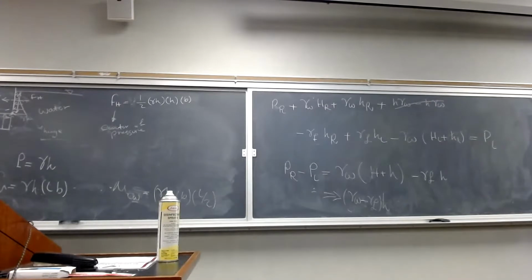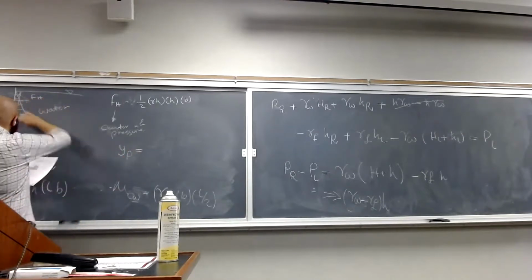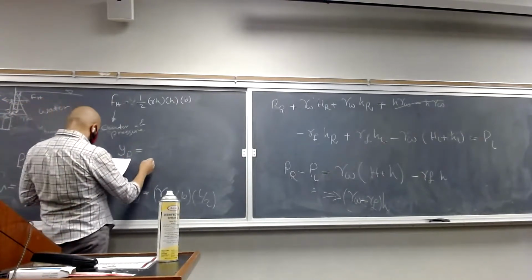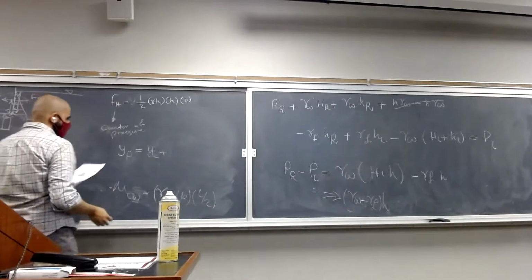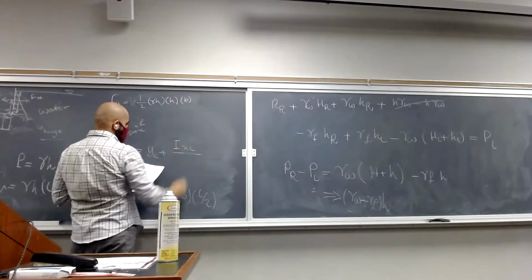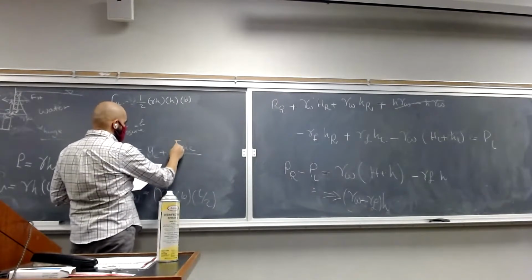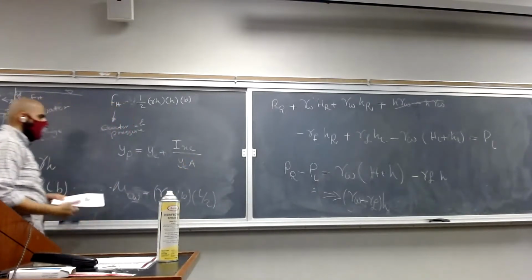What about the horizontal force? The horizontal force passes through the center of pressure, and we only need to know this length, right? This location. If you go back to the equations, the y of the center of pressure we are looking for equals the centroid's location, multiplied by I of xc, the second moment of area, or moment of inertia, divided by y of c multiplied by A, the cross-sectional area.